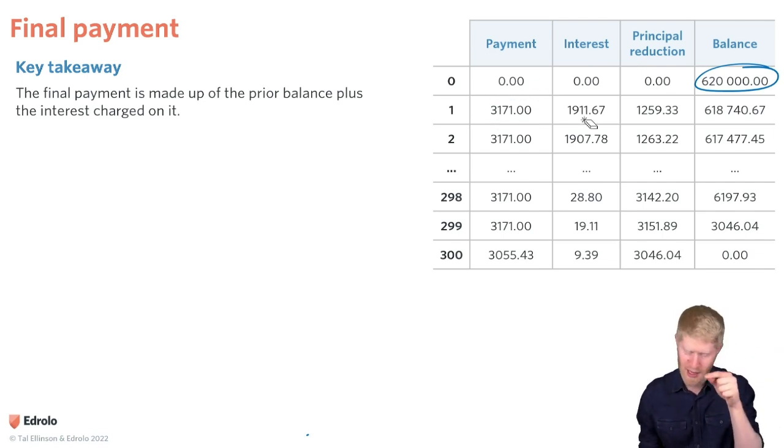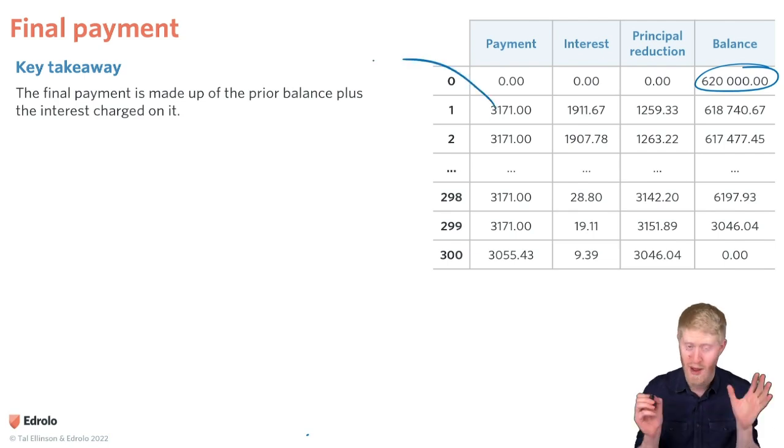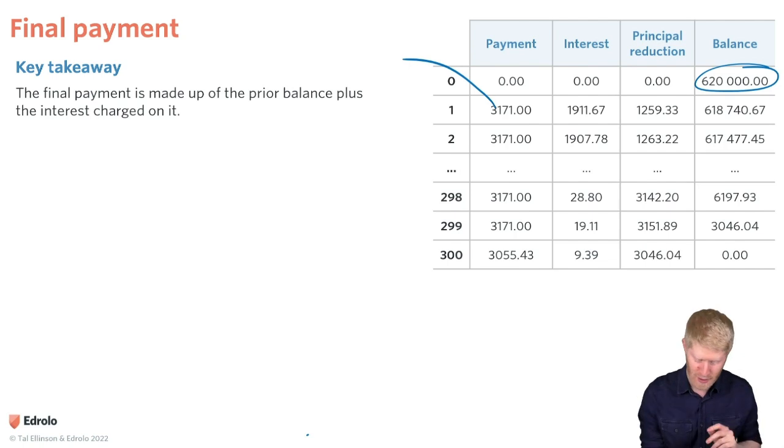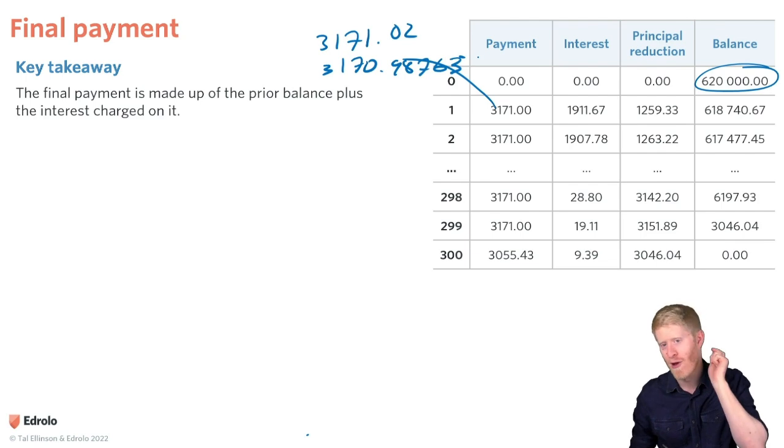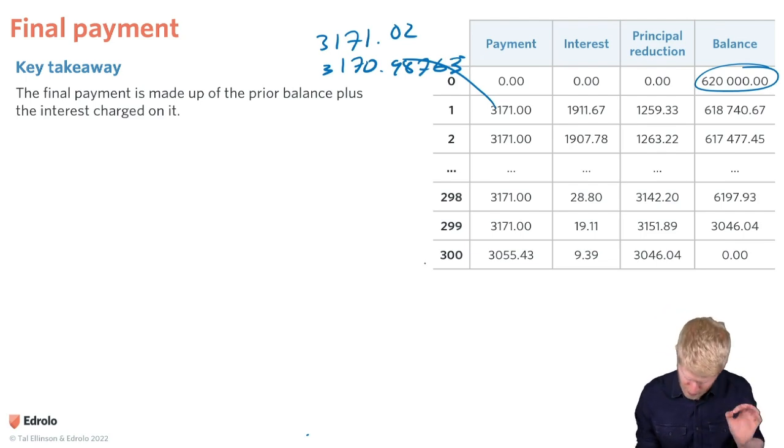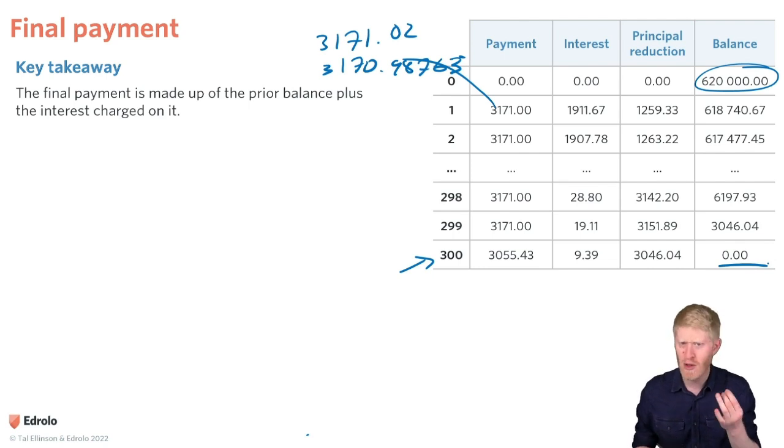But often in the tables, you'll see that you get these nice round numbers, $3,171 flat, not $3,171.02 or less, or $3,170.98, or even 98.76. If you want to pay off your loan exactly in 25 years to get exactly to 0, the regular payment's not always going to be a nice round number.